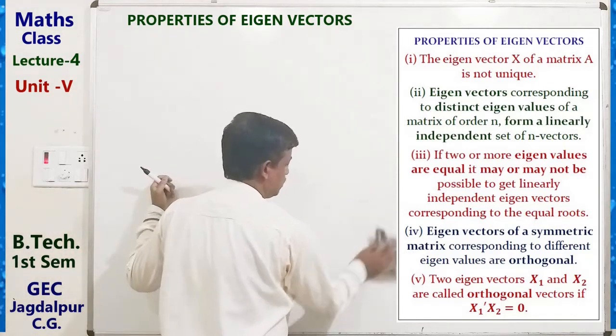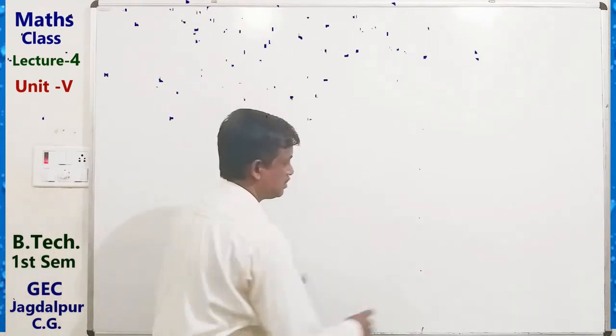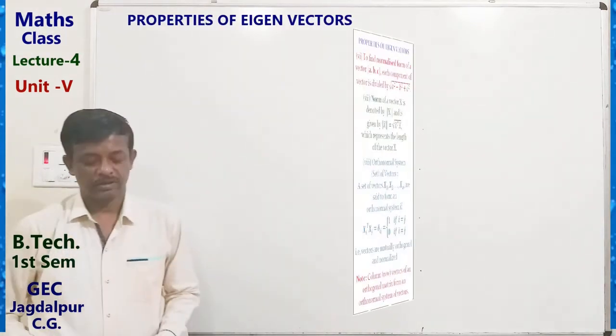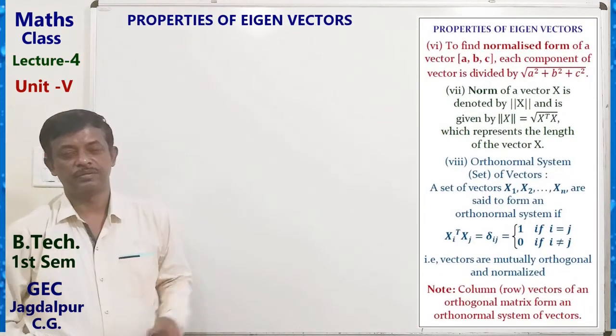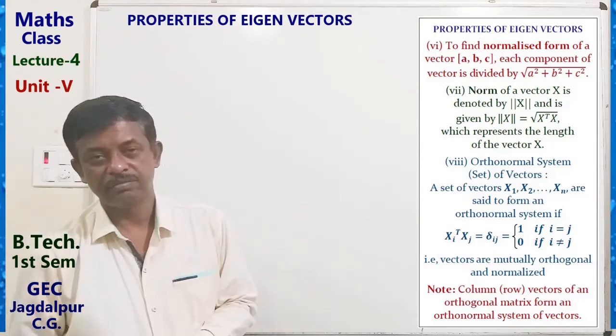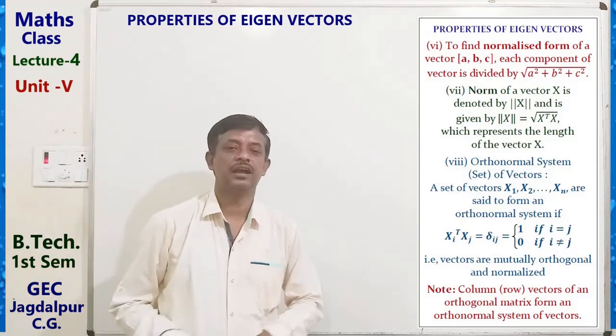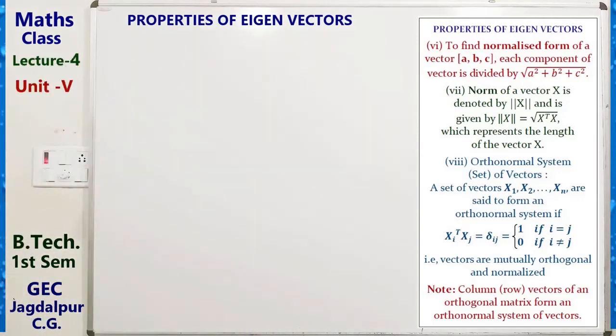Note down further information about eigenvectors. These are very important properties, so remember them. Now I will solve some questions regarding the eigenvalue problem, that is, finding eigenvalues and eigenvectors.